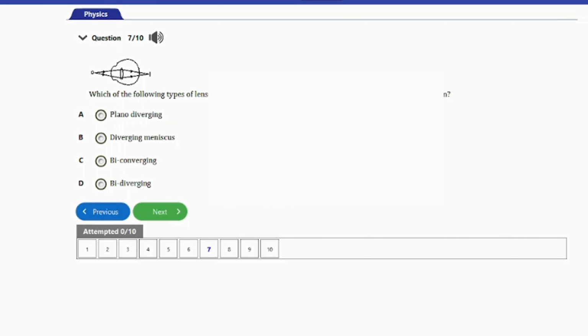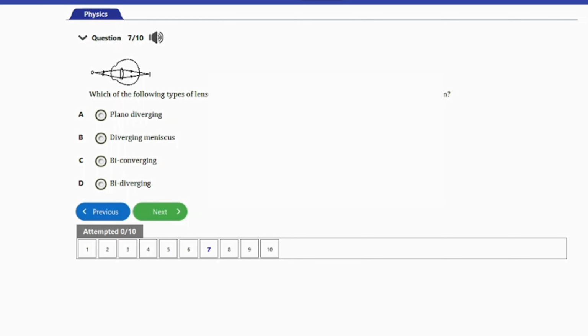So the next question here says, which of the following types of lenses is suitable for correcting the eye defect illustrated by the ray diagram? So guys, looking at this, the image is formed behind the retina. So let's look at the options we have here. A, planar diverging. B, diverging meniscus.